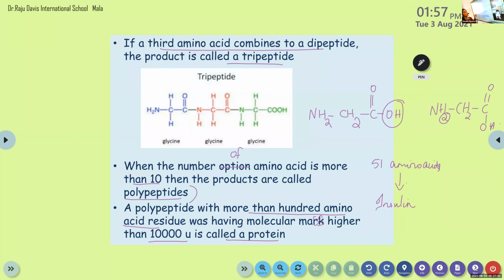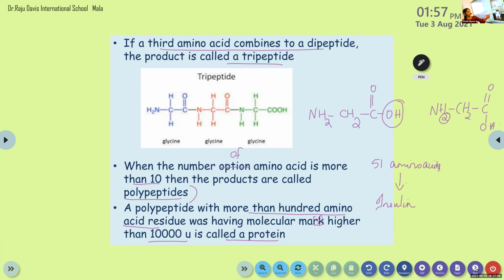Amide is formed between these two with the elimination of water. Then if there are more than 10 amino acids, we call it a polypeptide. Then polypeptides with more than 100 amino acids and molecular mass greater than 10,000 atomic mass units are called proteins. But it's not a sharp distinction between these two.